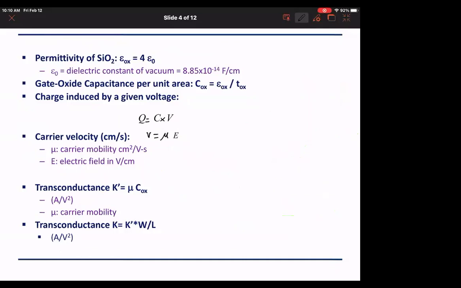First, we know that if I have two parallel plates, and I have a material which is an insulator between them, the thickness of this insulator is D, and the area of this parallel plate is A, then the capacitance that is formed by this parallel plate is C equals epsilon of the dielectric times A over D. So it's a general capacitor formula.